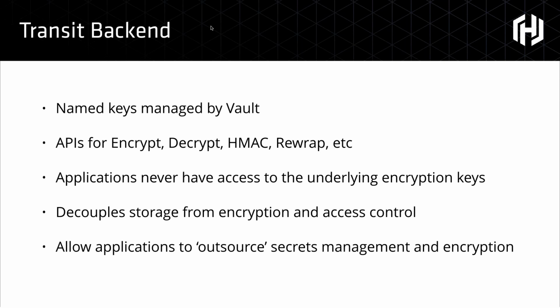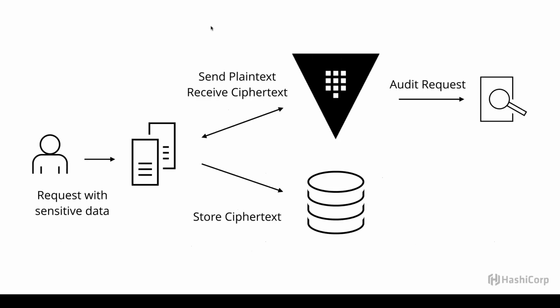So data can be encrypted with keys managed by Vault, but the ultimate sensitive data generated can be decoupled from Vault and stored in our traditional databases or Hadoop or other mechanisms for storing potentially a very large number of records. This lets our applications outsource some of the heavy-duty challenges of secret management and encryption to Vault.